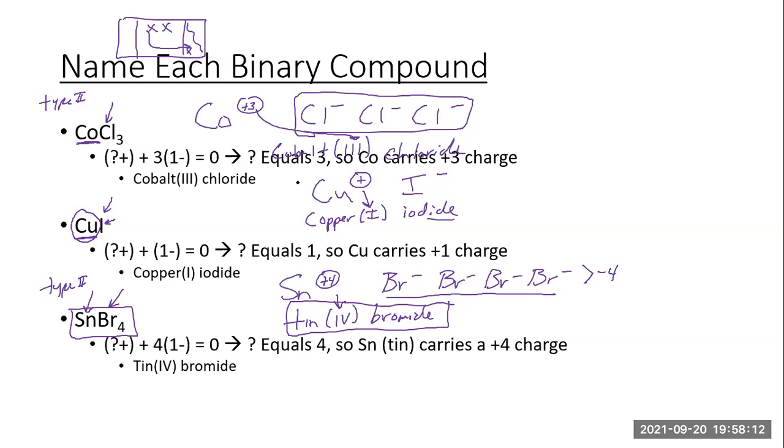We know it's type 2, and whenever you're dealing with an ionic compound, regardless if it's type 1 or type 2, it is always the metal part that's most important.